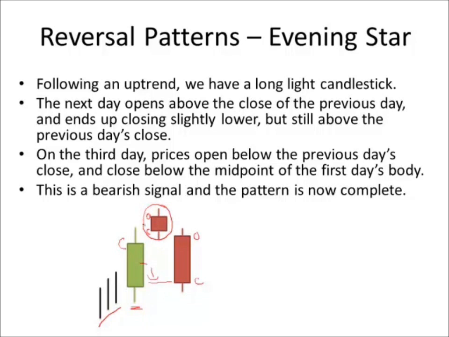Star usually means when the body of the candlestick is higher than the previous day's. So the open and the close are higher than the previous day's open or close. And we have a star here, and this is called the evening star because then the prices go the other way, come down. And again, the same condition of closing below the midpoint of the first day's body applies here.